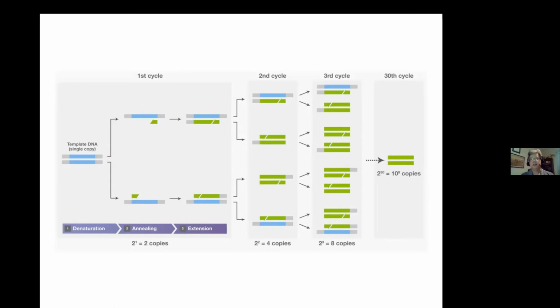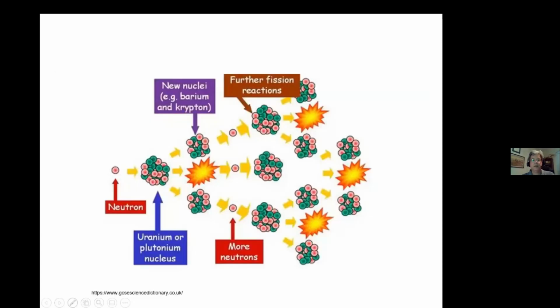All right, so this idea of how you would use DNA polymerase, this enzyme that copies DNA, to go from one chunk of DNA to a billion chunks of DNA, he said this was reminiscent of what happens in some atoms, right? So here you have a neutron that hits this atom, causes it to split.